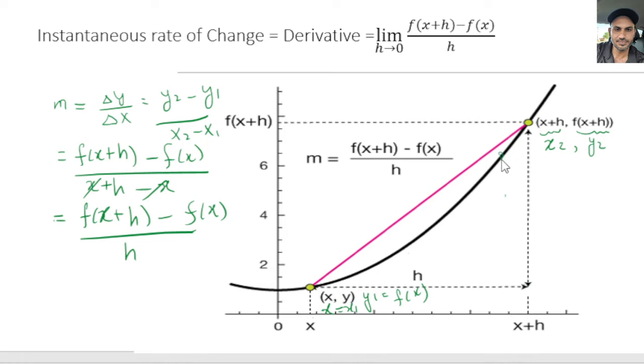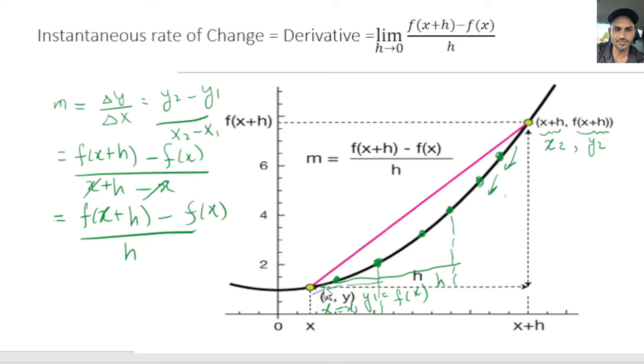That means we're reducing the interval size, bringing this point closer and closer to this point. There's a movement down this way. Every time we move closer to this point, our h is getting smaller and smaller. This is the new h, from here to here.